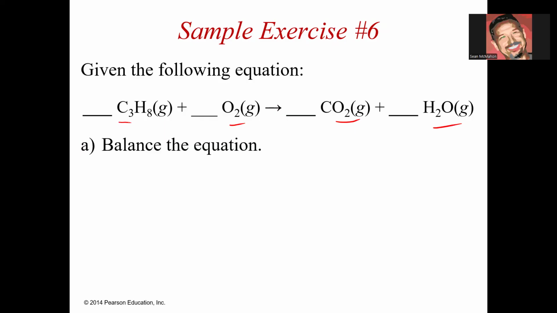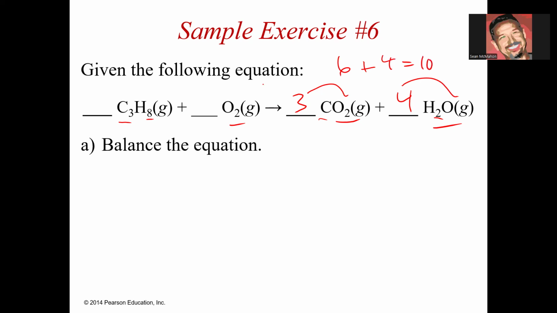Well, there's 3 carbons. There's only 1, so I'm going to put a 3. There's 8 hydrogens. There's 2. 2 times what number is 8? 4. I'm saving oxygen for last. I have 2 here, but how many do I have here? 3 times 2 is 6, plus 4 is 10.